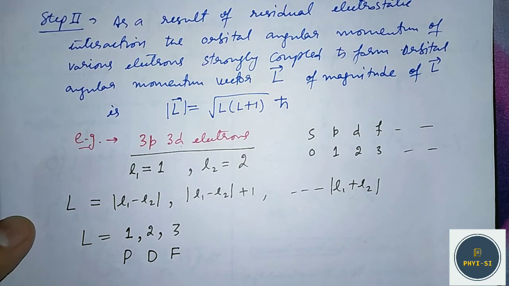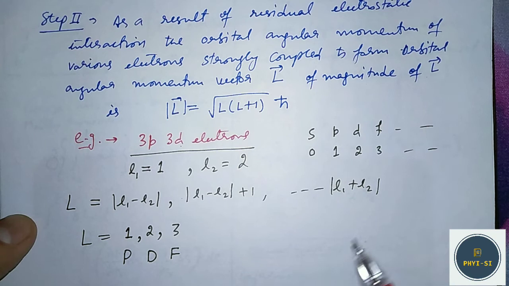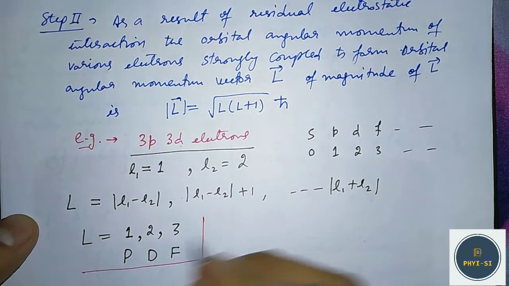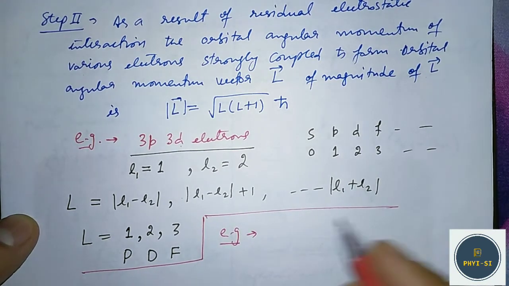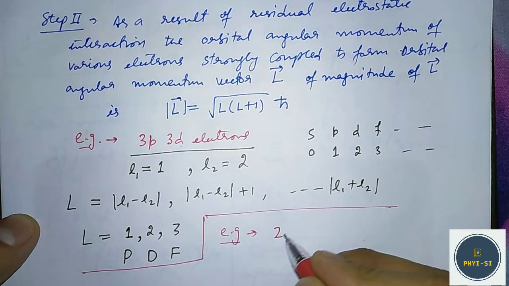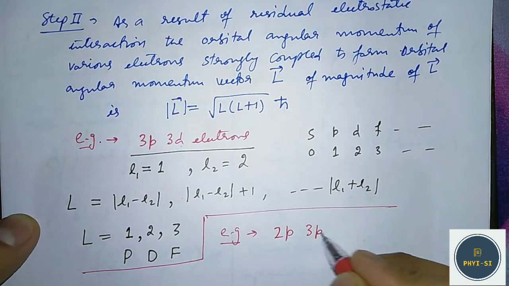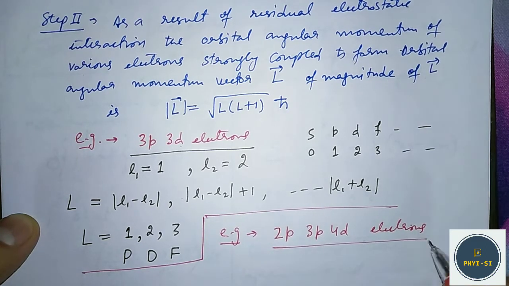Okay, this is how we can combine the orbital angular momentum of two electrons. Now let us take an example of three electrons. Let's say we have these three electrons, that is 2p, 3p, and 4d electrons.